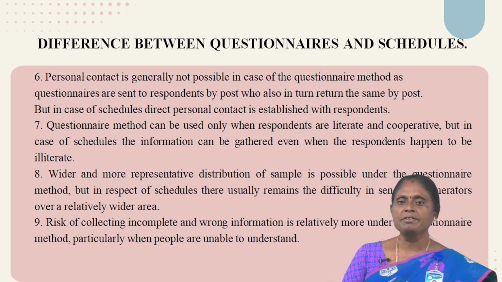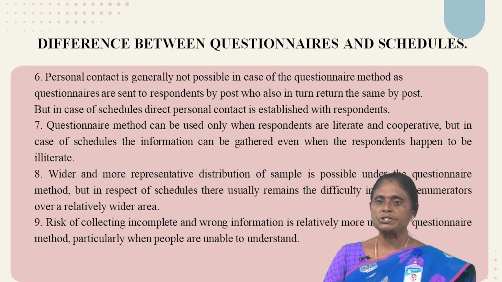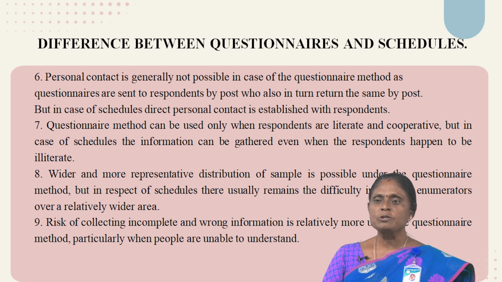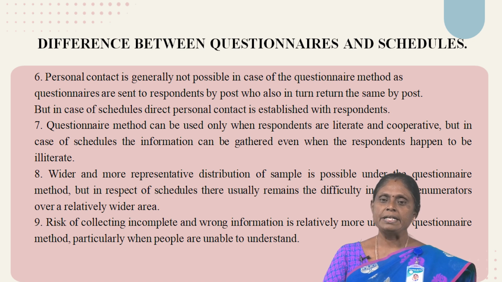Another difference, a wider and more representative distribution of people is possible under the questionnaire method. But in respect of schedules, there usually remains the difficulty in sending enumerators over a relatively wider area.